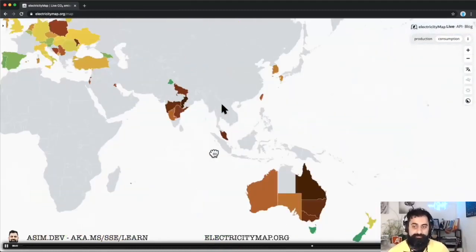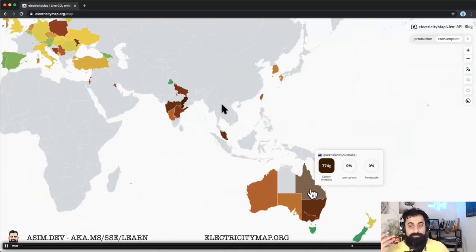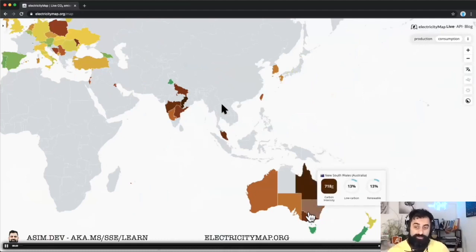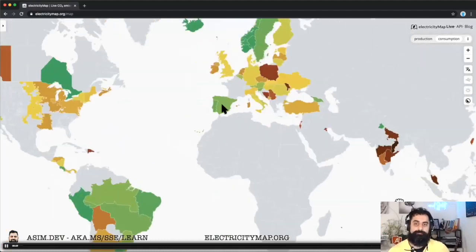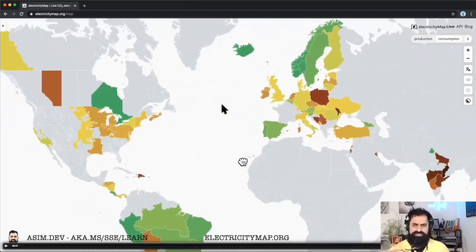Northern Australia has a lot of coal producing power plants. So does the East Coast US, and you can see Poland. Other regions like France are very green, but that's mostly because France is mostly nuclear. So there are various different reasons.